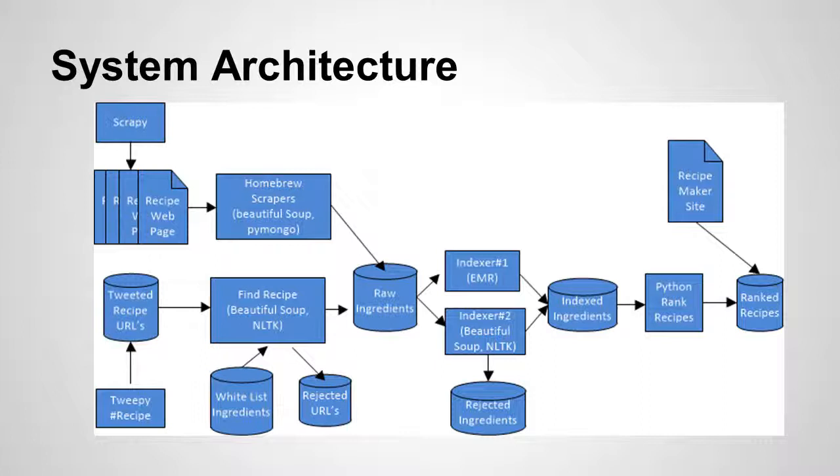And we also made a list of URLs that didn't have recipes so that we could look at them and make sure that our algorithm was working correctly. Once we had those ingredients, we stored it again to the Mongo raw ingredients table. We used a second indexer, again, just to look at rejected ingredients. But then from there on, it's the same path into the index ingredients collection, into the Python rank recipe, into the ranked recipe collection, and then again to the Recipe Maker site.